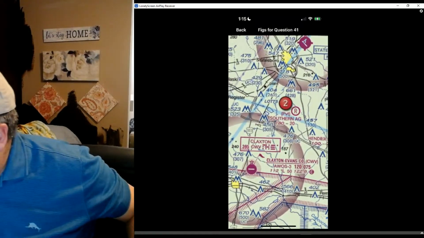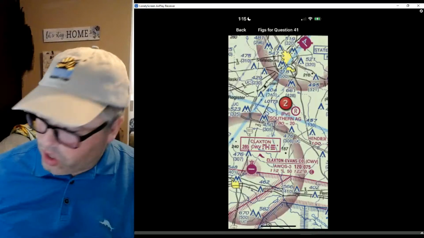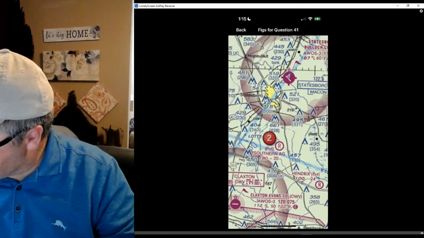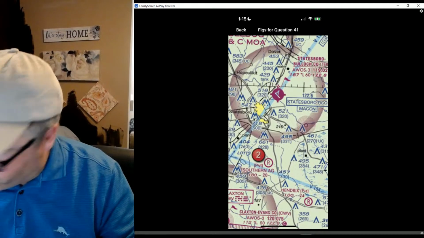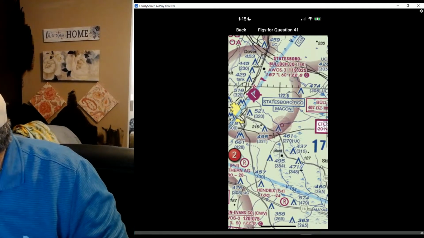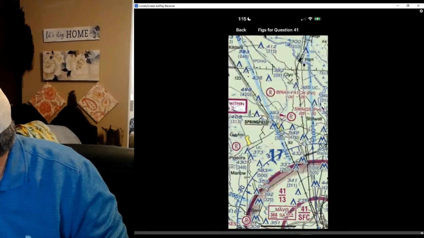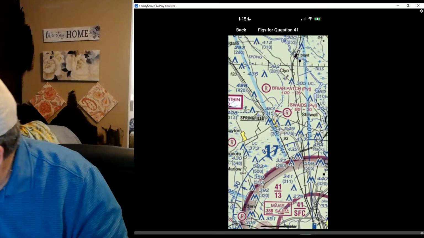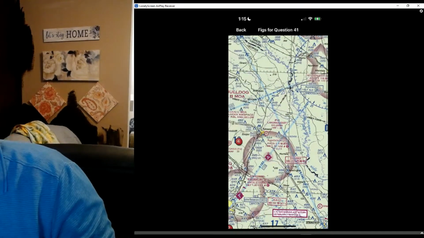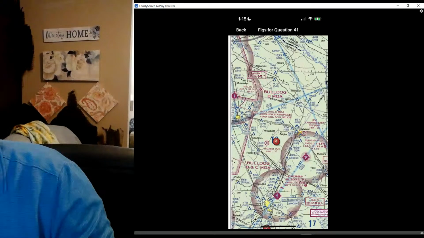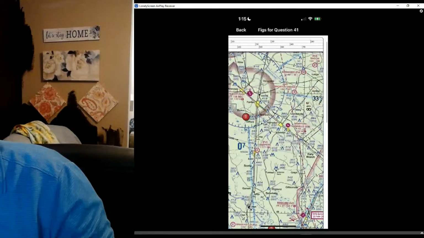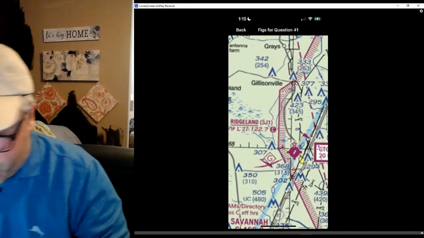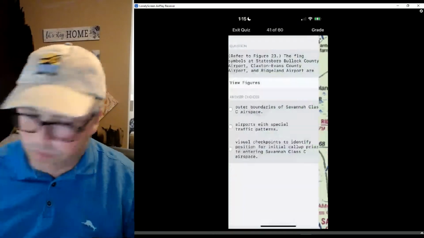Hey, look, Claxton Evans. Statesboro Bullock, and what's the other one that has a flag on it? Ridgeland. Where is Ridgeland on this map? There's Ridgeland. They've got that little flag symbol.